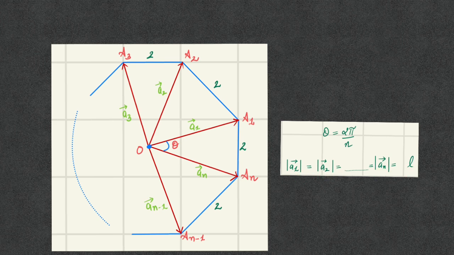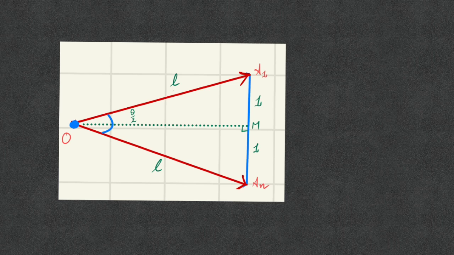Now take this triangle OA1An first of all, and from point O we drop a perpendicular at point M, so this entire angle gets bisected and this angle becomes theta by 2, and this also theta by 2. Since it is a perpendicular bisector, the A1An length gets bisected into 1 and 1 units.